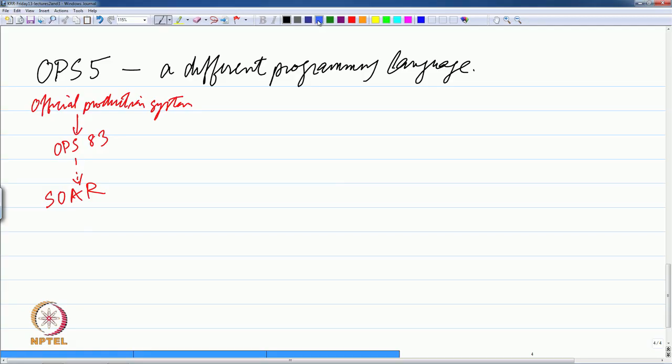So, if you look at the languages that exist, we have imperative languages, like C for example, and how does one program in an imperative language?